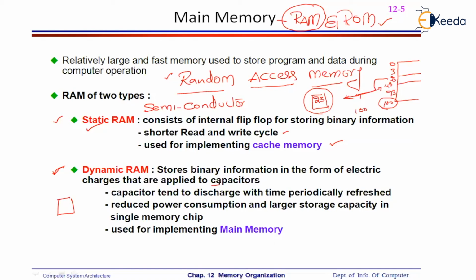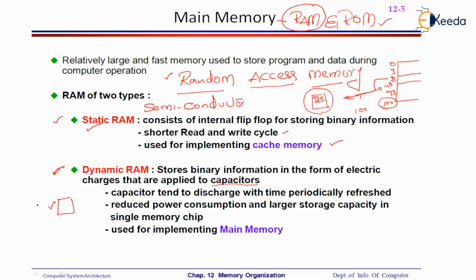What is a capacitor? A capacitor tends to get charged and discharged. The moment you charge the capacitor, it is ready for data storage. The data is available in the dynamic RAM as long as the charge in the capacitors is sustained.